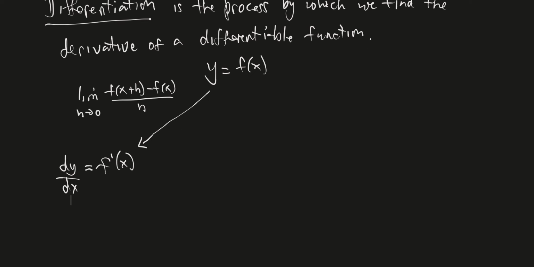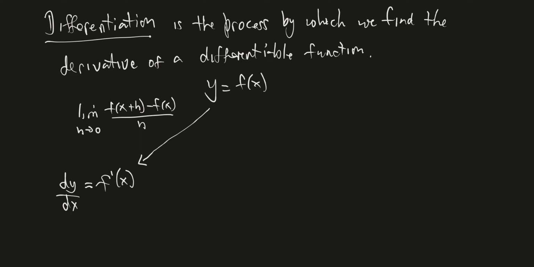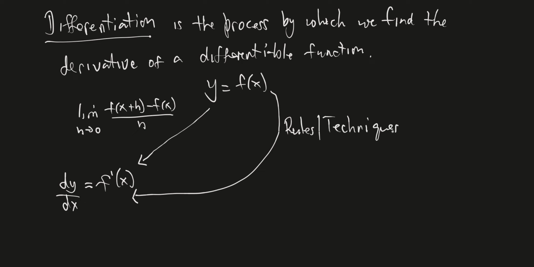Maybe I'll do it arced like this, where instead of relying on the limit, we're going to have certain rules and or techniques, whatever you want to call them, right? That will take us to the same conclusion, but again, hopefully with a lot more efficiency, right?